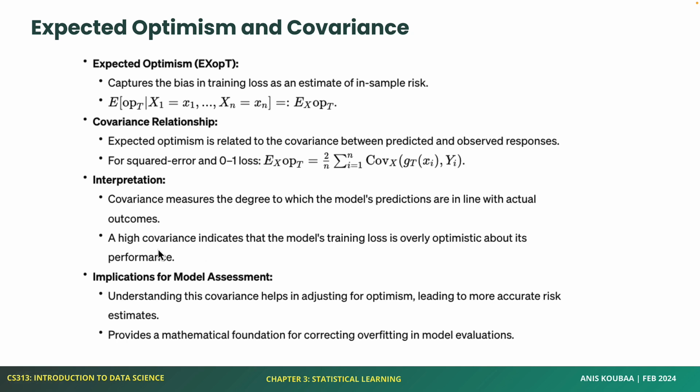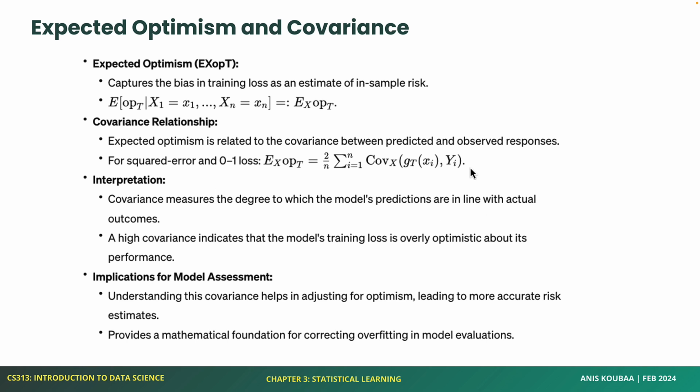So if I have high covariance, this means the training loss is optimistic. What does it mean, optimistic? It means it's very close to the training data. The covariance measures the degree to which the model predictions are in line with the actual outcomes.